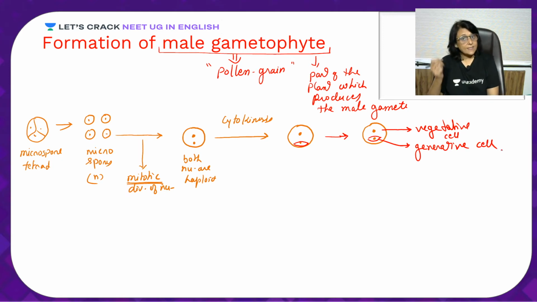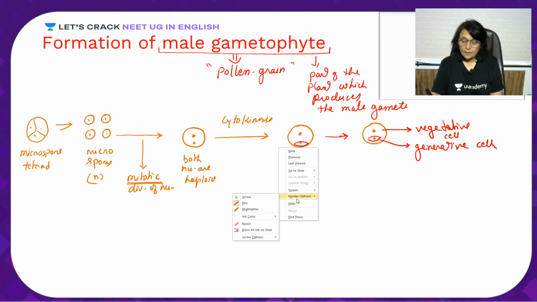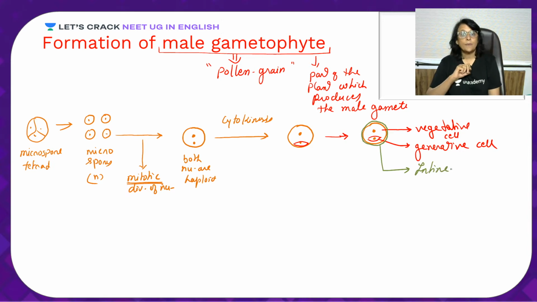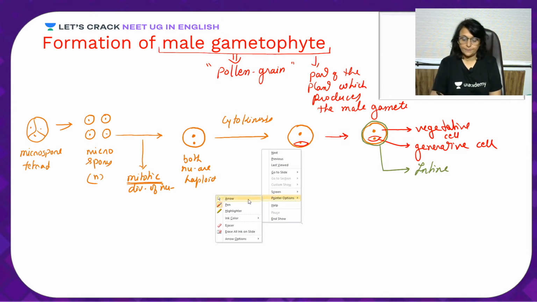Now while this is happening, the cytoplasm of the larger cell secretes a layer around itself. This layer is called intine. And now outside this intine, tapetum secretes sporopollenin, and that sporopollenin deposits here.